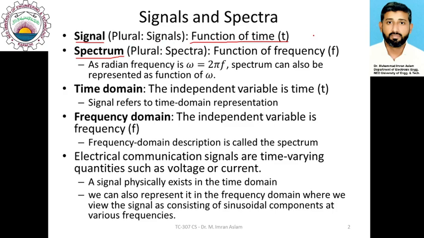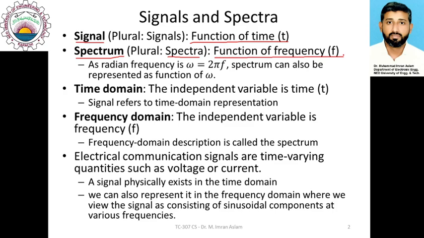If you recall the discussion we had previously, generally we take the signal as a function of time, so it varies with respect to time, whereas the term spectrum, for which the plural spectra is used, refers to the frequency domain representation.